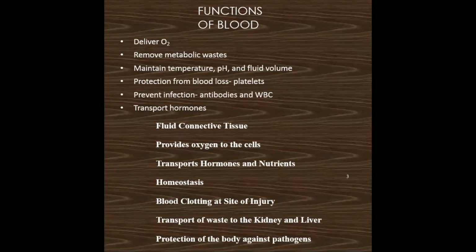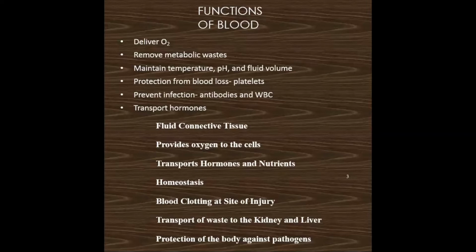It also protects from blood loss with the help of platelets that perform the action of blood clotting. Blood also prevents infection, that is, it contains antibodies and white blood cells which fight against infections. And blood also helps to transport hormones and nutrients. So if we talk about it in detail, first of all, fluid connective tissue.